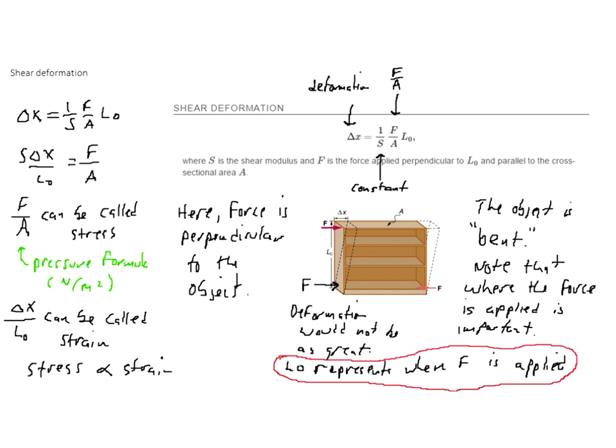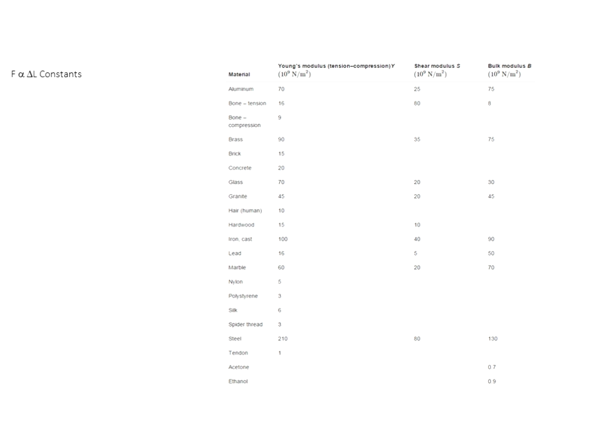And just like always, we can change a proportion into an equality by including some sort of a constant. So stress equals some constant times strain.